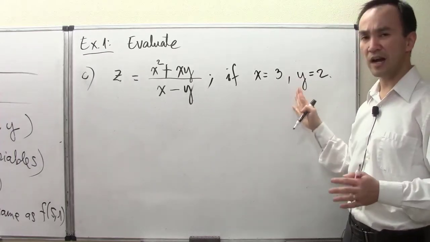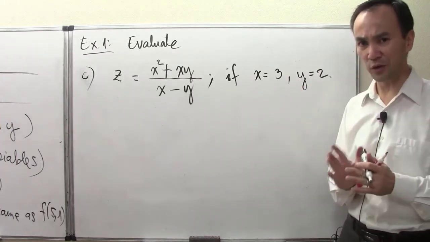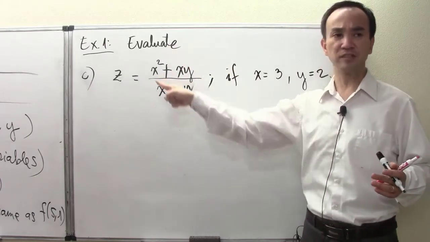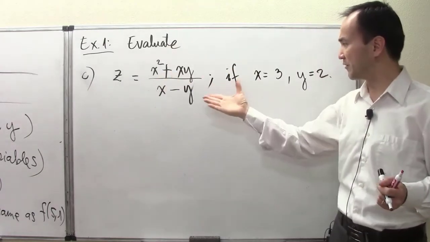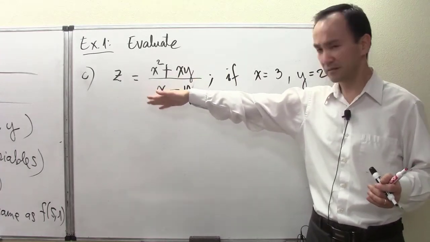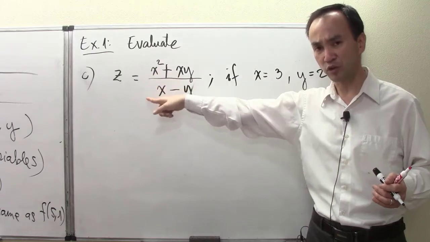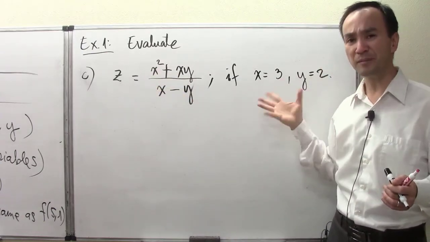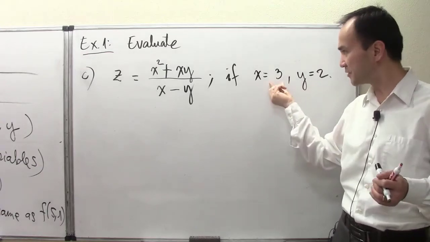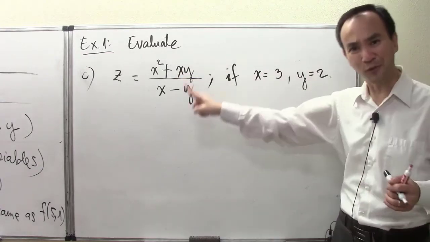Now when your multivariable function, here a function of two variables, is given in this way without using the functional notation, we don't have to worry about the order, because it's already specified clearly right here. 3 is the value for x and 2 is the value for y.